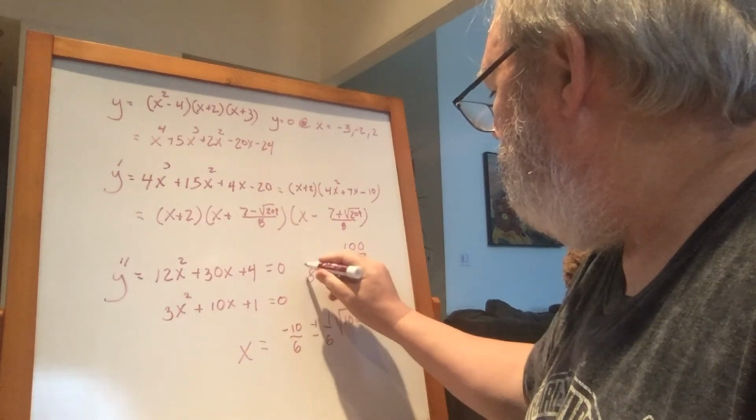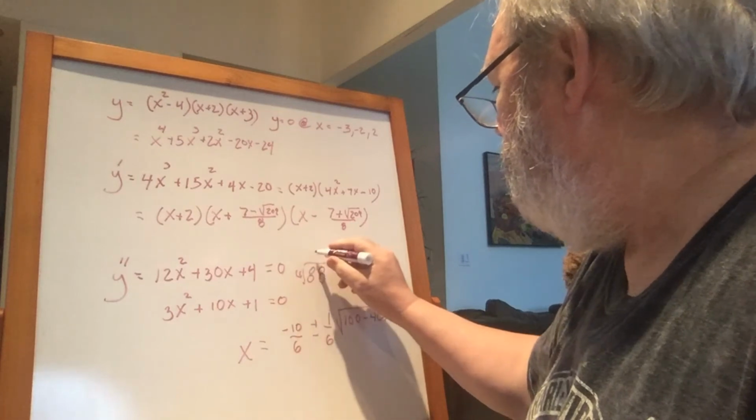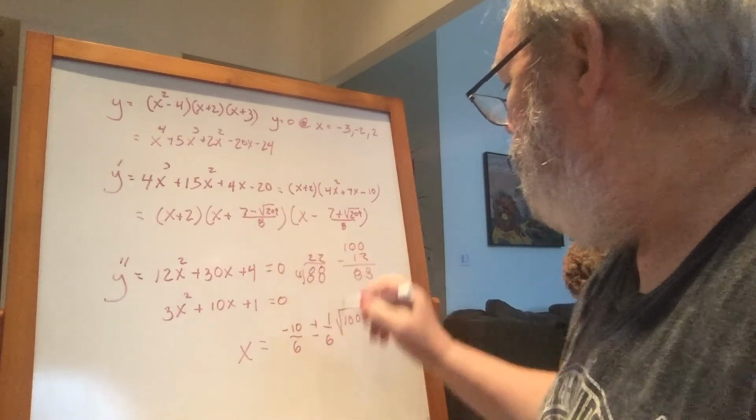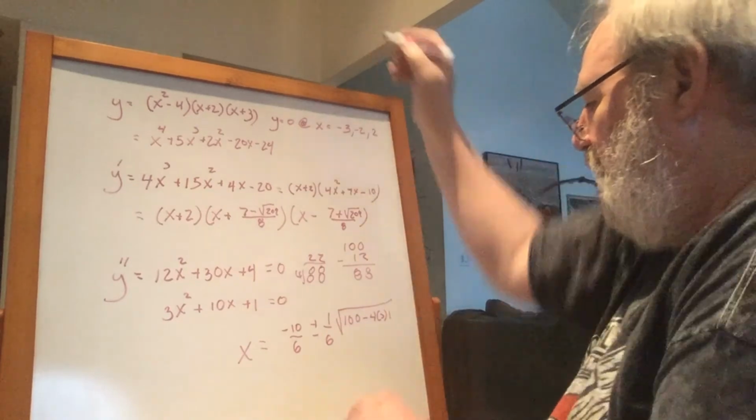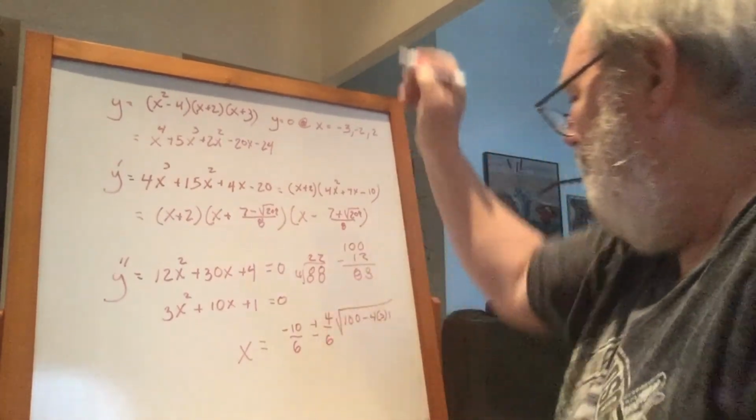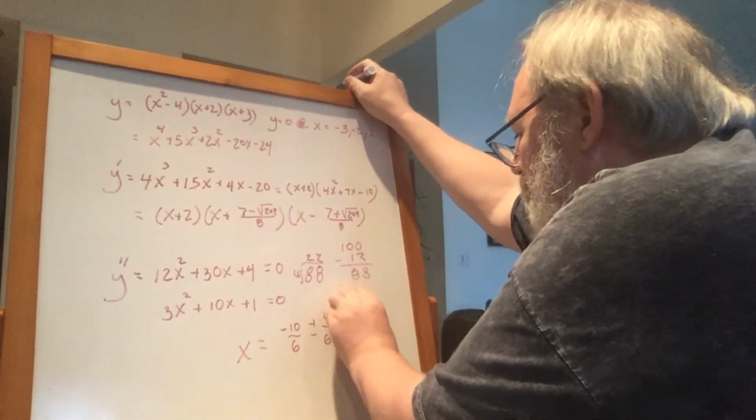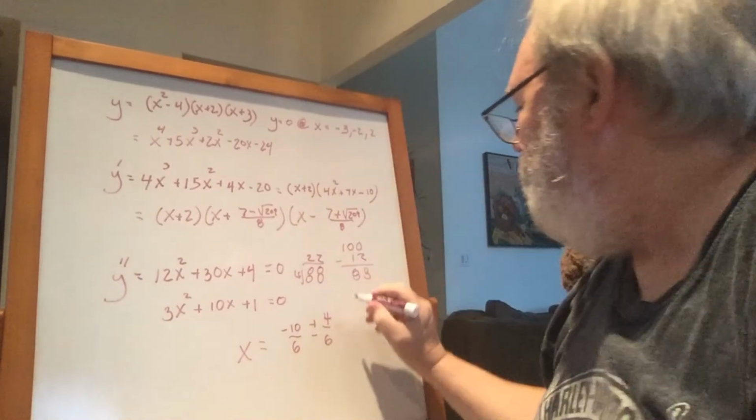88, we can factor as 4 times 22. So we got 4, 6, and square root of 22.